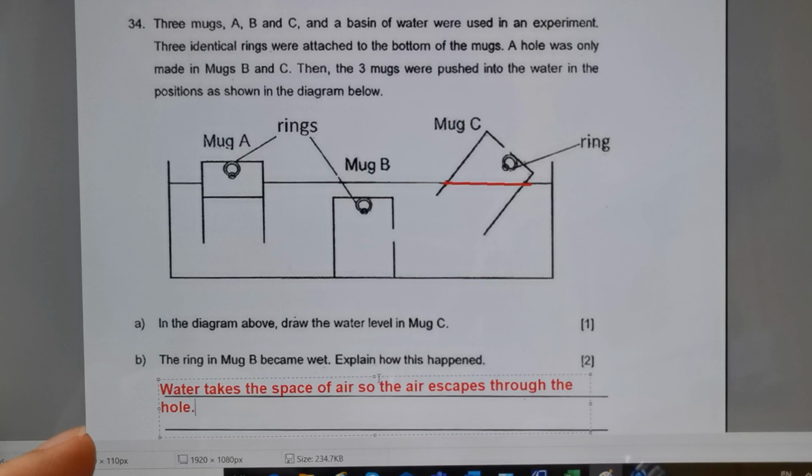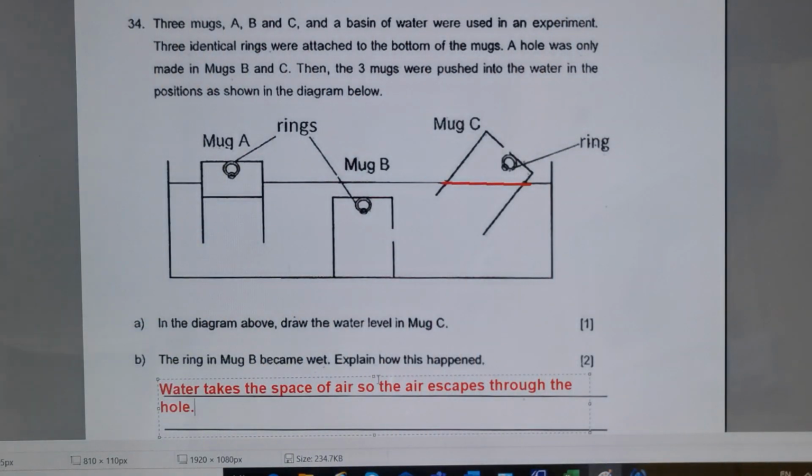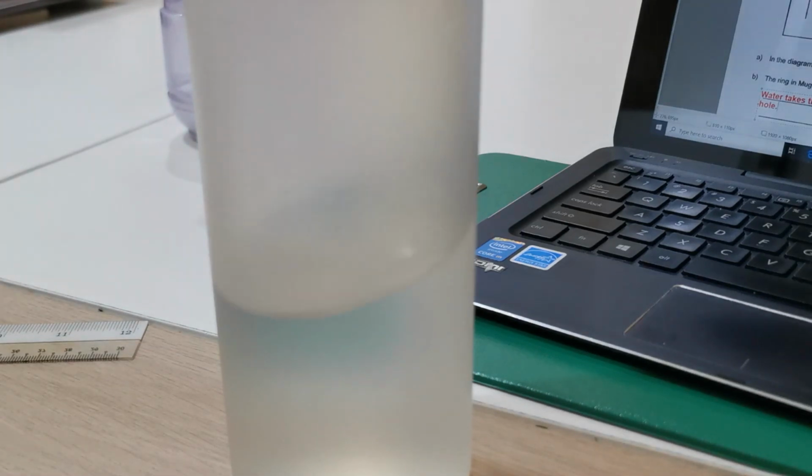Now, I'm going to bring this water bottle in. Give me a moment, just in a short while. Now, my water bottle has come in already. I'm going to bring this laptop away first so that you can look at my water bottle and the water level. Now, this is my water bottle. Now, this water bottle is right now seated on the table.